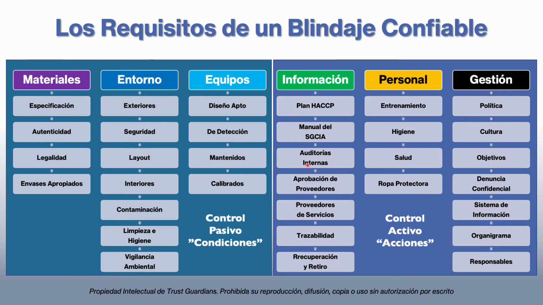When we are talking about information, we have it in many clauses of the standard: in 2.0 in the hazard plan, in the management system, in 3.0, and all the requirements for internal audits, approval of suppliers, approval of service providers, traceability, recall and withdrawal. All these requirements are related to information. That's the active controls with the actions.